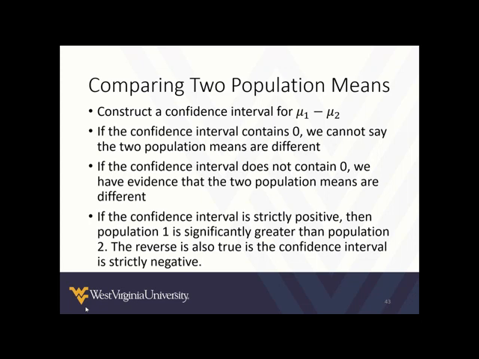So when the confidence interval contains 0, that means that there is insufficient difference between our two population means. If the confidence interval does not contain 0, that means we do have sufficient evidence that the two population means are significantly different. Furthermore, if our confidence interval is strictly positive, that means population 1 is significantly greater than population 2, and the reverse is also true if the confidence interval is strictly negative.